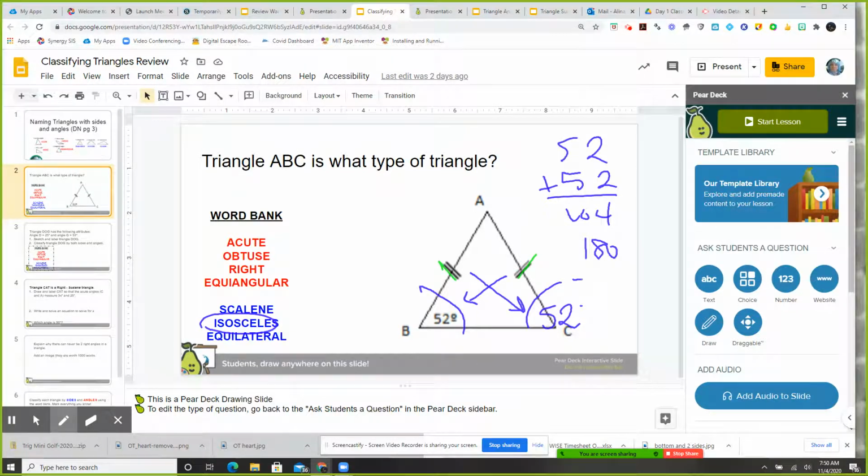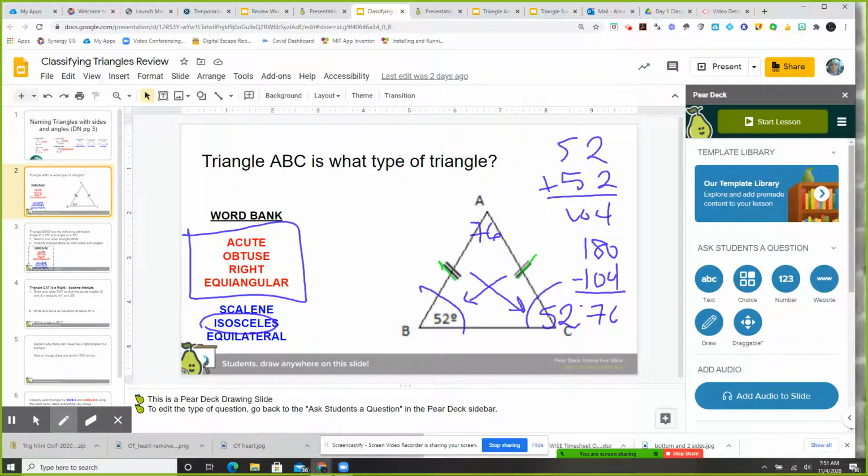And then I do 180 minus 104, and I get what? 180 minus 104. Anybody? 76. Thank you.